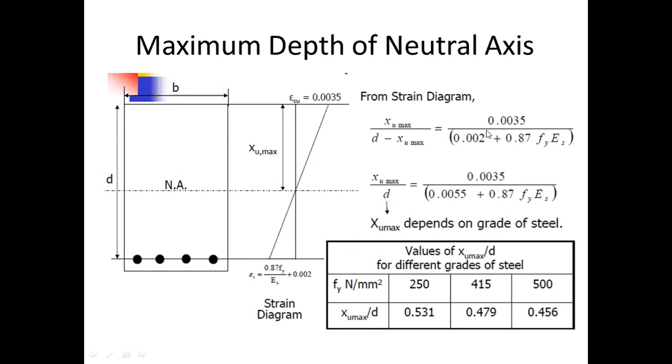Using this, we can calculate xu by d. This majorly depends upon the type of rebar we are using. If the rebar is Fe 250, then the maximum xu by d is 0.53; if it is 415, it is 0.48; if you are using 500, it is going to be 0.456.